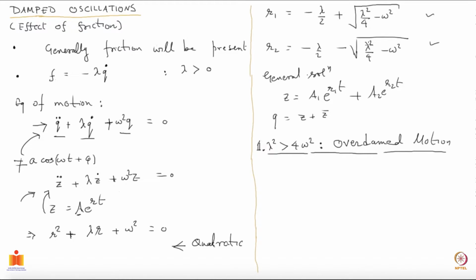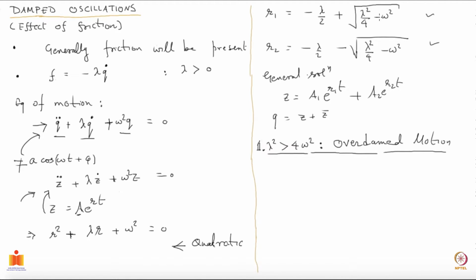Now as you can see, r1 and r2 will always be negative. r2 is negative anyway, it's clear. You have something in the square root, two negative numbers added, it's going to be negative. And you can also convince yourself that r1 is also negative.